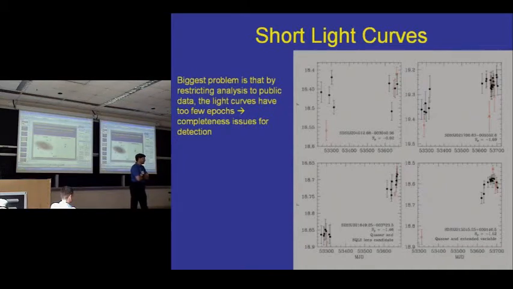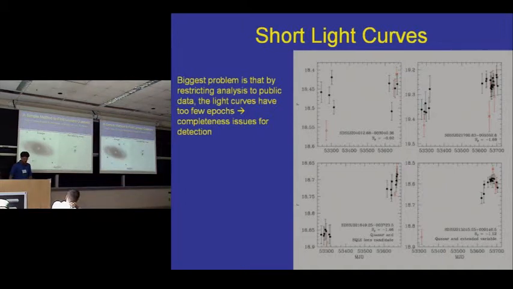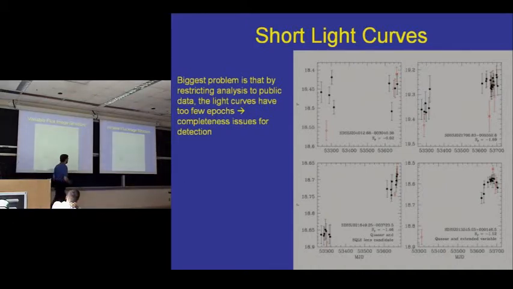If all the images were consistently sub-arcsecond, then the problem in this space is, what's a Sloan pixel, Bob? 0.397.